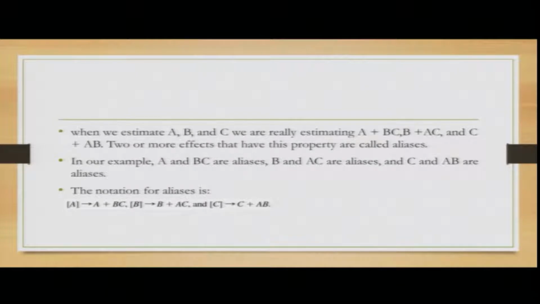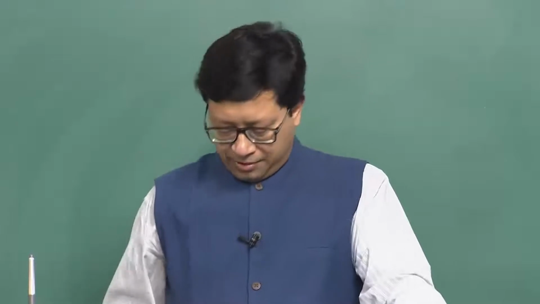In our example, A and BC are aliases of each other, B and AC are one set, and finally C and AB are another set. The notation is: A is found by the combination of A plus BC, B is found by the combination of B plus AC, and C is found by the combination of C plus AB.